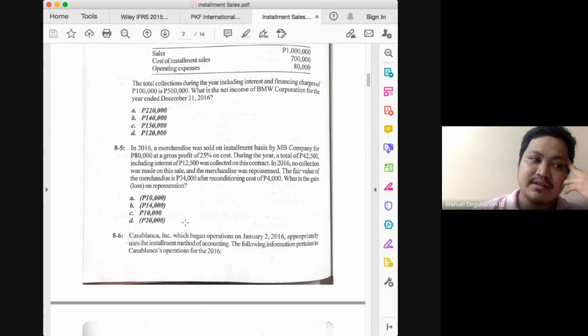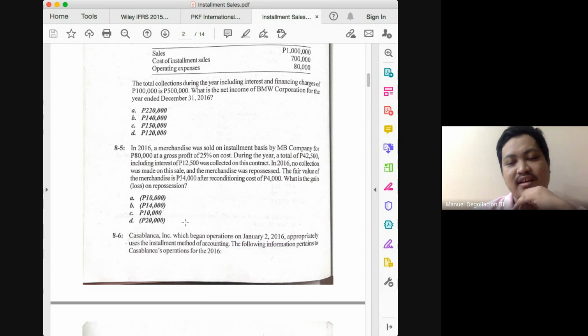And the answer there is that it is to be measured at its market value before reconditioning cost. Okay, basically just a variation of your valuation for your inventory. Okay, when we repossess these items, they will still go back to our inventory. It's basically the market value before any reconditioning cost.